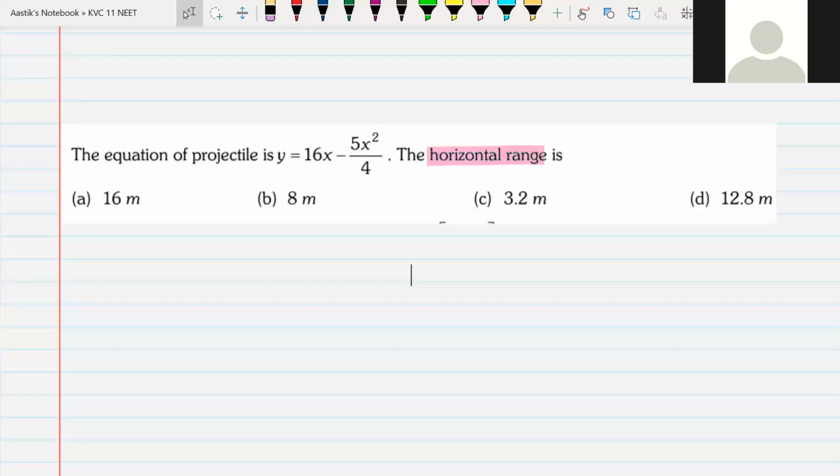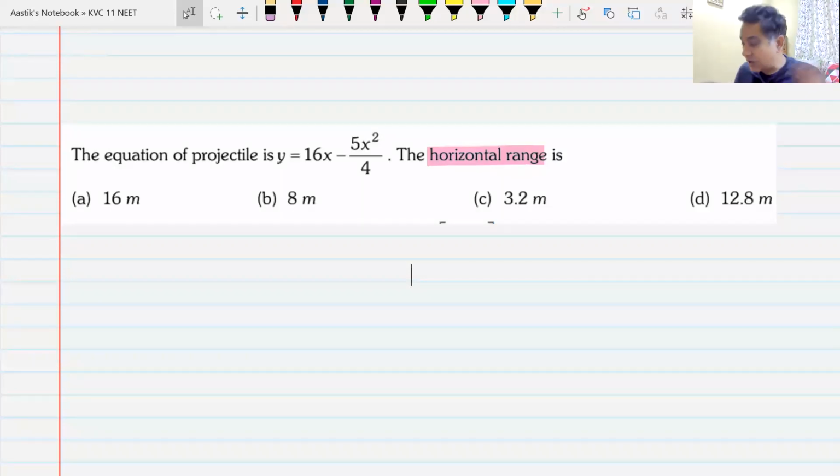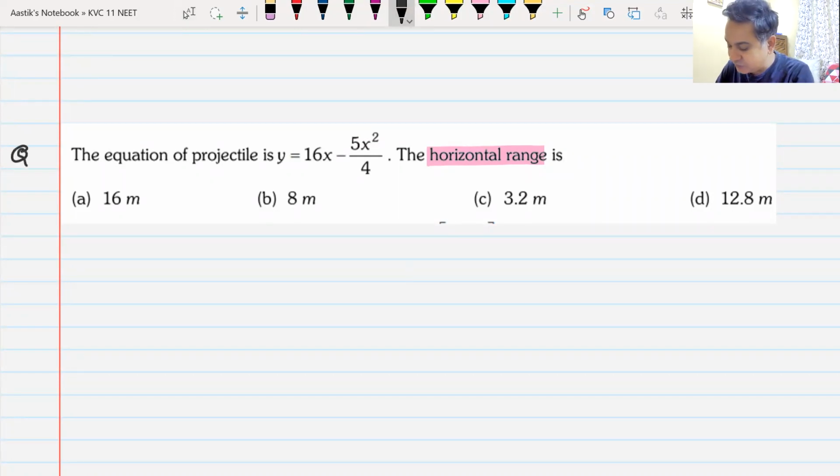Okay, so how are we supposed to do this? Could anyone help me? How are we supposed to do this?